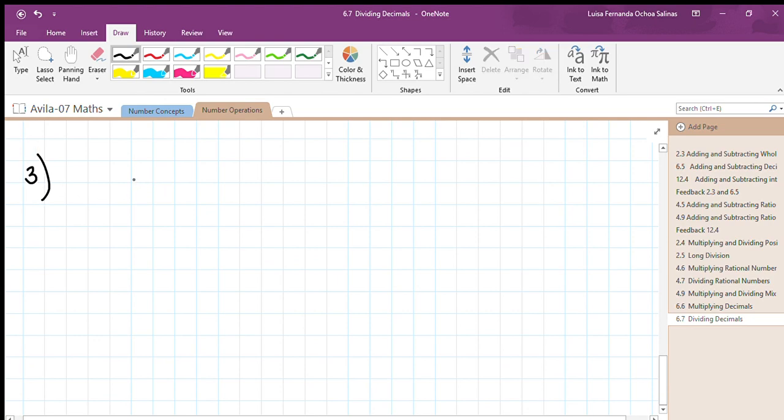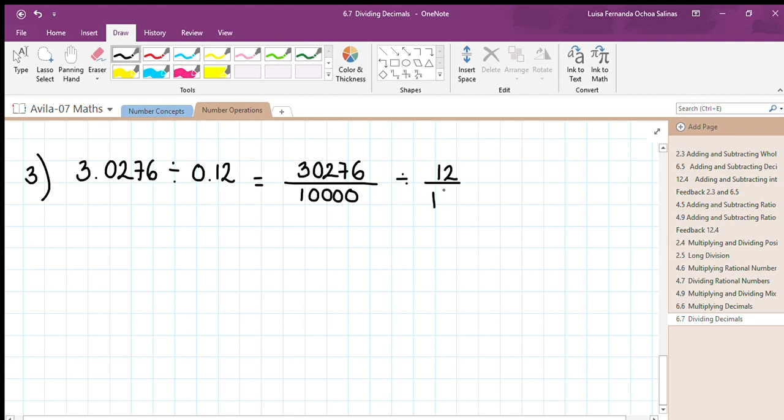So we are going to do 3.0276 divided by 0.12. Again, fractions. So I write all my numbers here. Okay. What decimal place do I have here? So I have 10, 100, 1,000, 10,000. So it's going to be 10,000 under here. Good. Divided by 12 over 100.